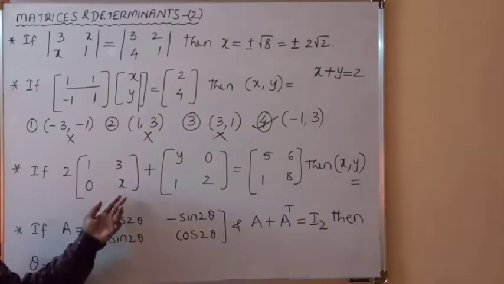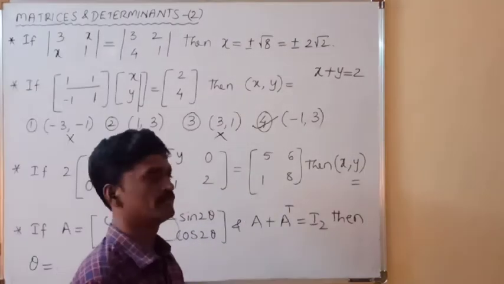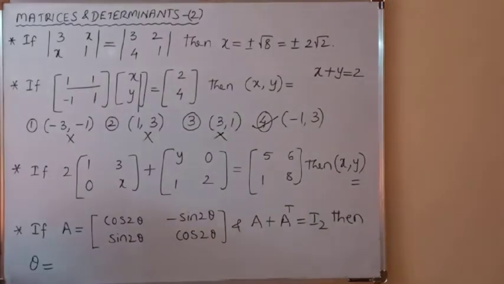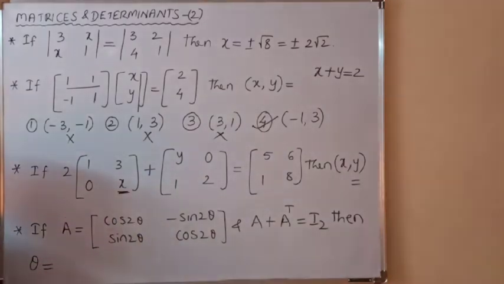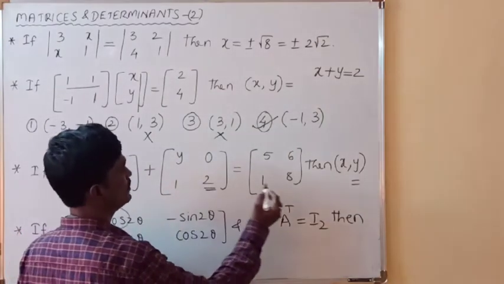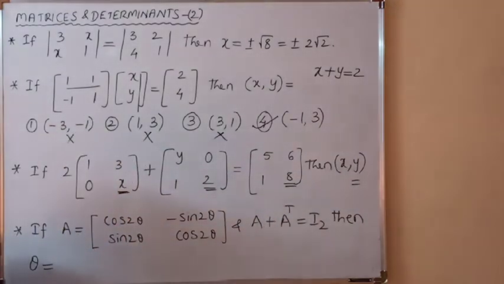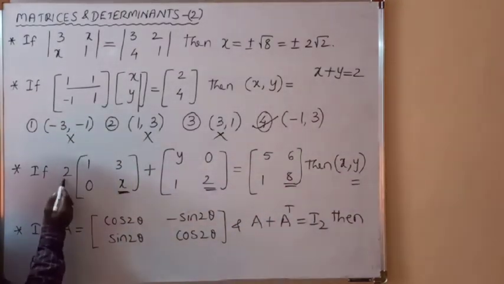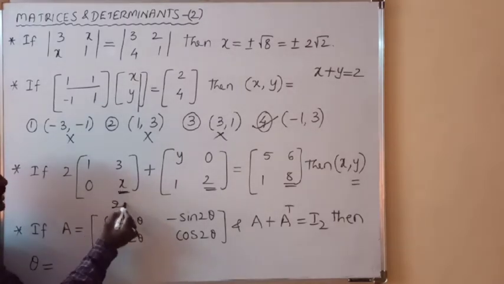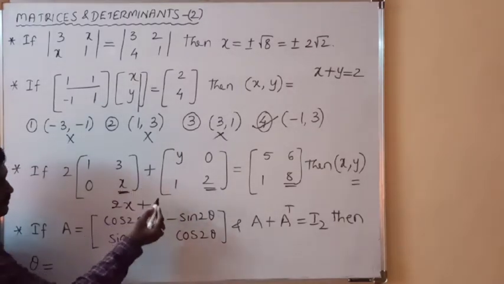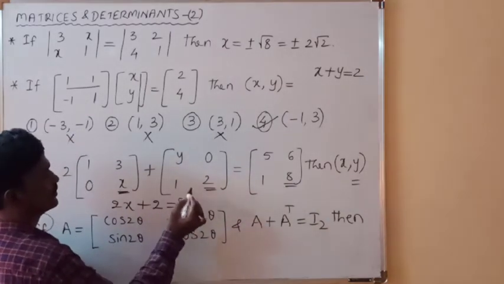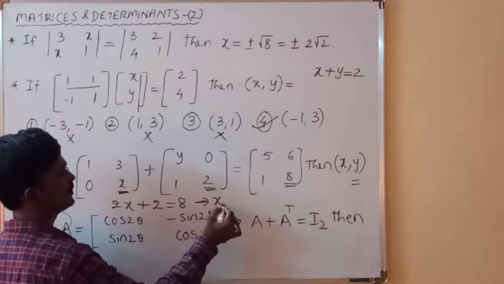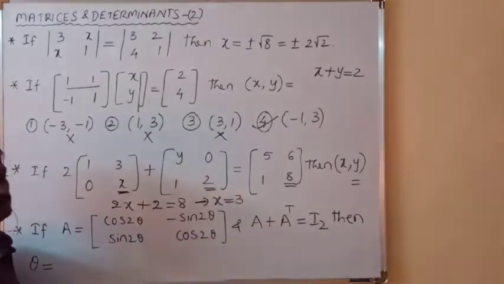2 into this matrix plus this matrix is equal to this matrix. Then what are the x and y values? We have x only in this position, so concentrate on only these position elements. After multiplying by 2, this position becomes 2x plus 2, which is equal to 8 in this position. Solving this equation, you will get x value 3.